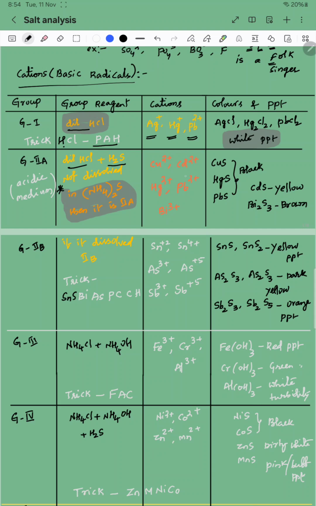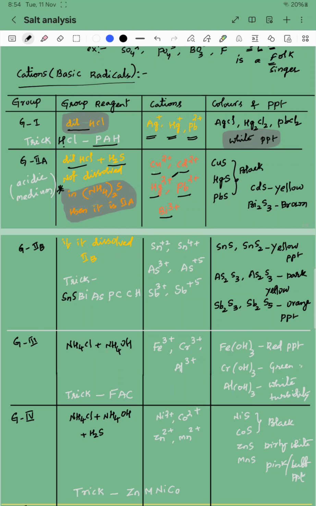Copper, cadmium, mercury, lead, bismuth, right? So these are very very important. Copper, cadmium, mercury belong to the same family only, right? 3d10 and 4d10, right?